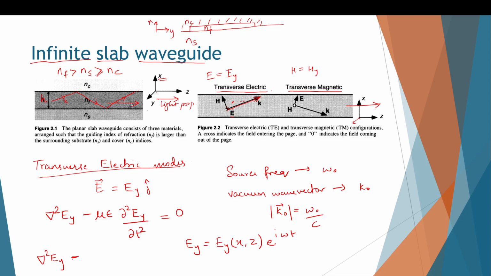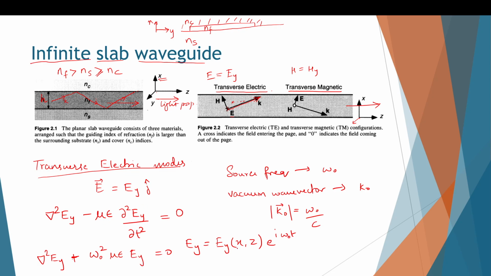Here, if I put this, then dou square EY by dou t square will be nothing but omega naught square, and because there is an i that will come out twice, there will be an i square, that is -1. So this will become +1, into mu epsilon times EY, which will still be there.